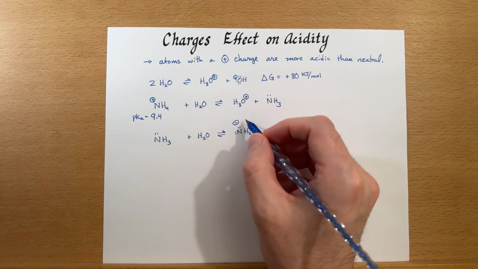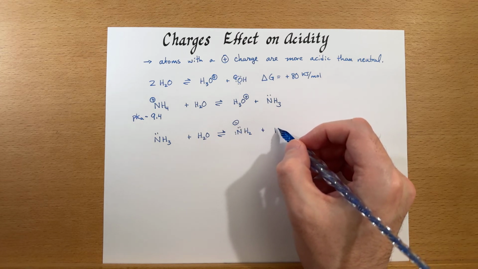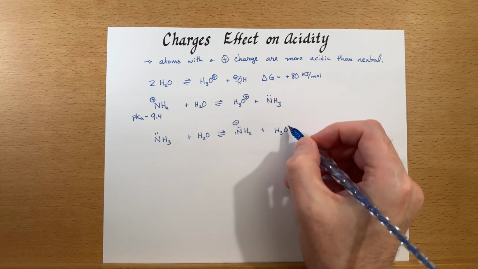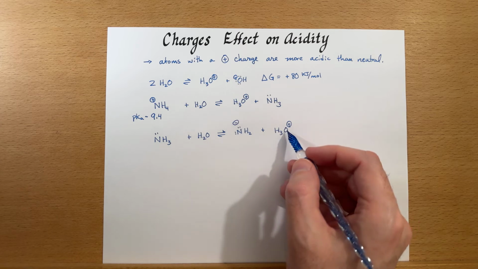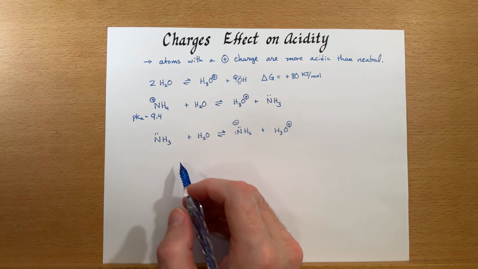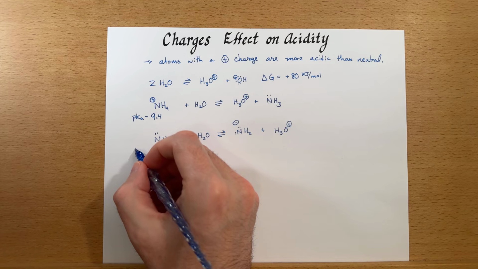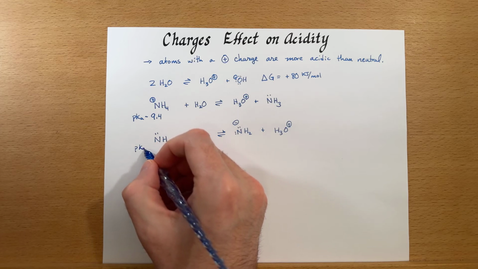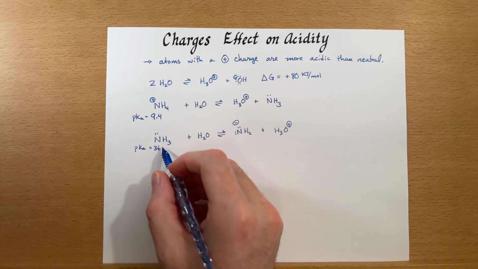So we've generated an ion here, but we're also going to generate another ion, the hydronium ion. We've made two charges from neutral species. So that is much less stable, and that is indicated by the pKa being around 36 for this.